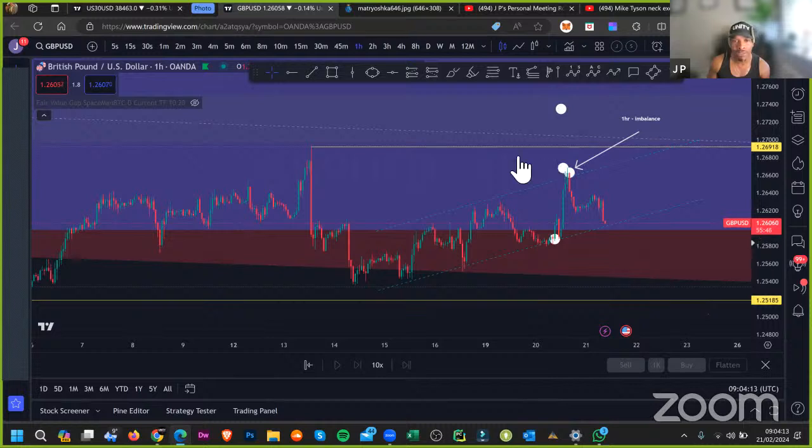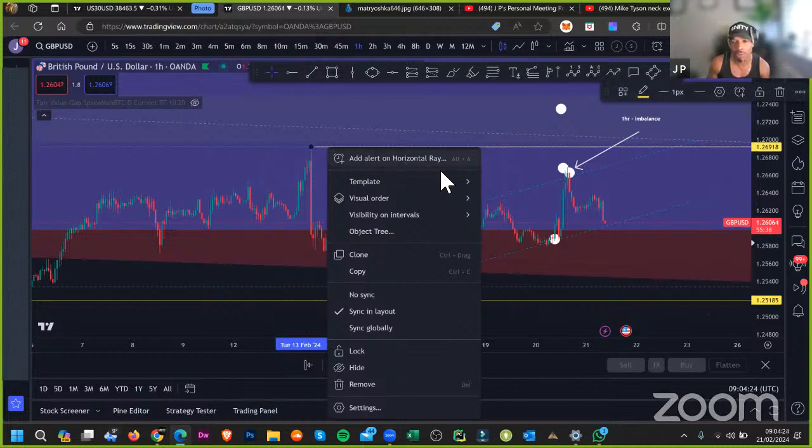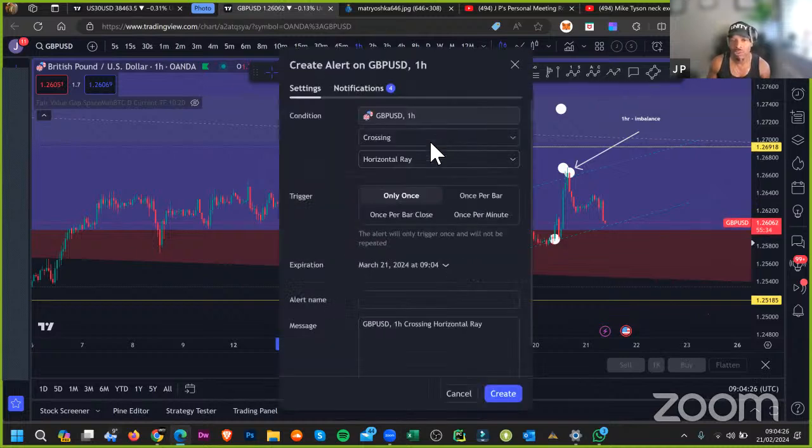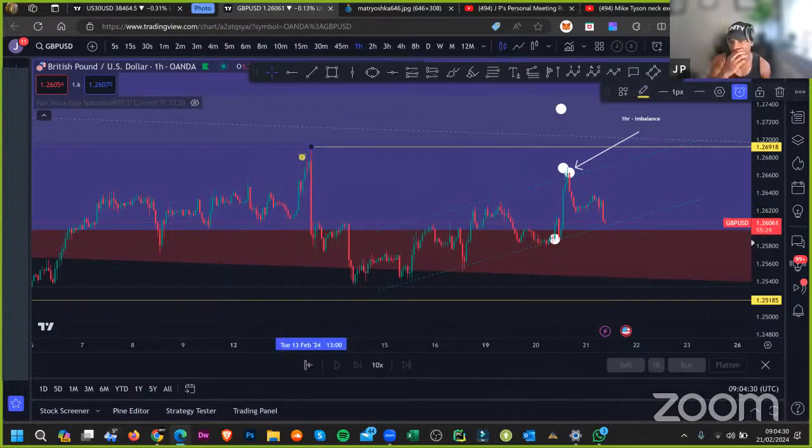Now I'm also going to place an alert above this level, and I can place it above it, or I can even place it on this line. By highlighting the line, right-clicking it, look, add alert on horizontal ray. All right, no problem, let's do that. When it crosses up. Now I've got my eyes and my ears watching the market to see what I want. I can go about my business now.